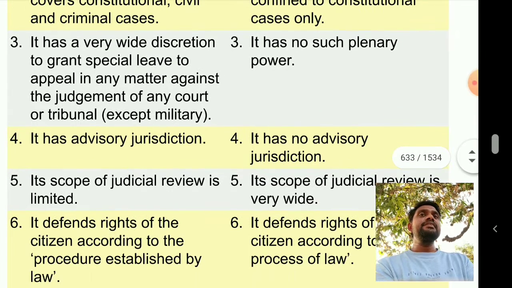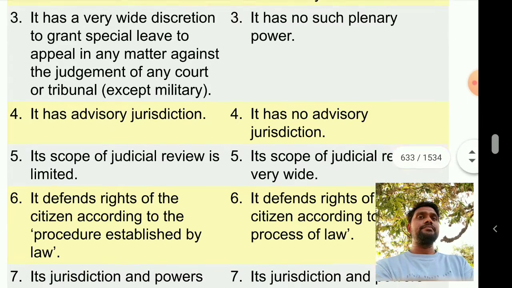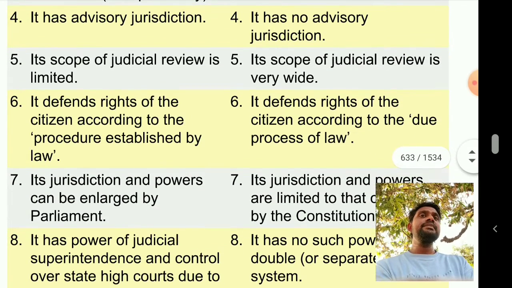Third, in Indian, it has a very wide discretion to grant special leave to appeal in any matter against the judgment of any court or tribunal except military. But in American, it has no such plenary power. Fourth, in Indian, it has advisory jurisdiction, but in American, it has no advisory jurisdiction.